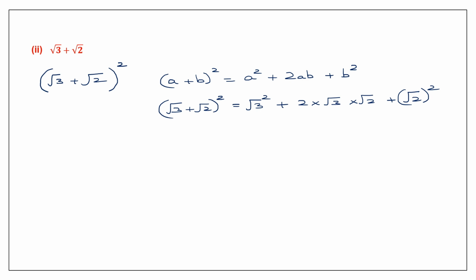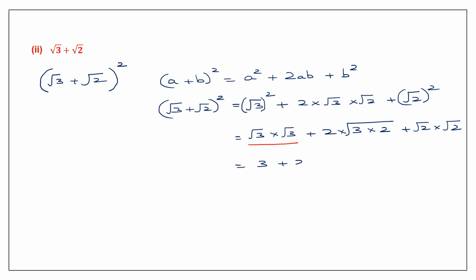So expanding this further, root 3 into root 3 plus 2 into root of 3 into 2 plus root 2 into root 2. Now here root 3 into root 3 makes it simply 3 plus 2 into root 3 into 2 is 6, plus here we have root 2 into root 2, which makes it just 2.